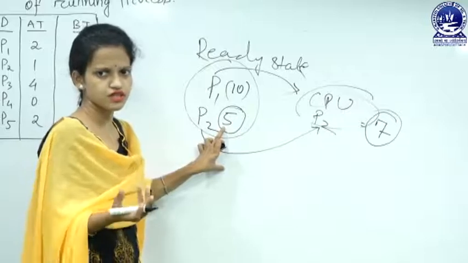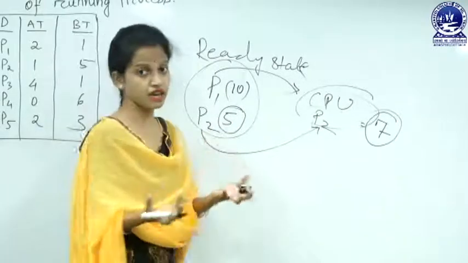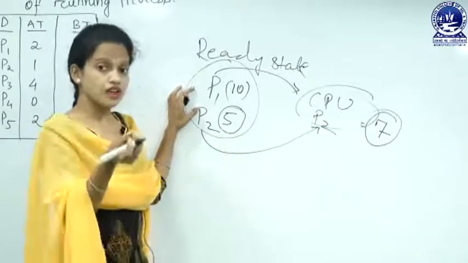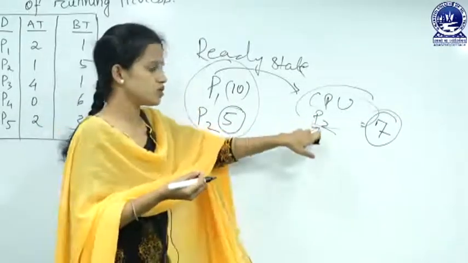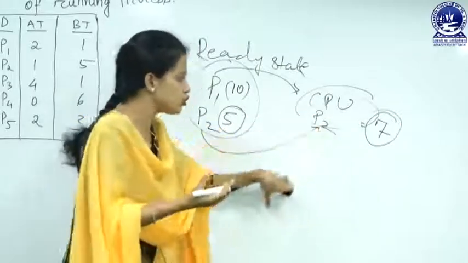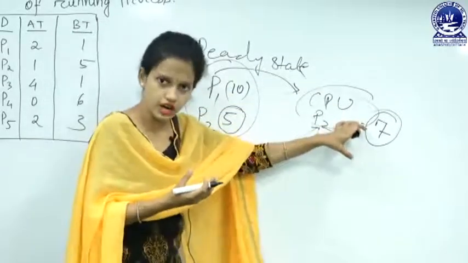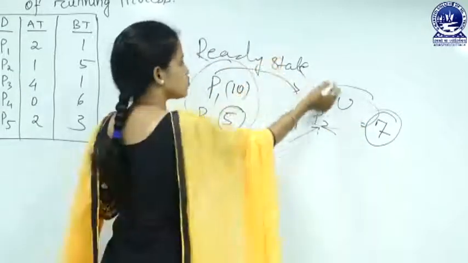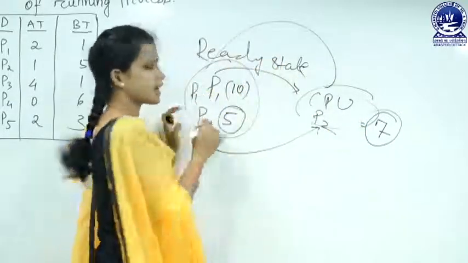If another newly arrived process has a shorter burst time than P2, we again remove P2 and allocate that process to the CPU, and P1 waits in the ready state again.